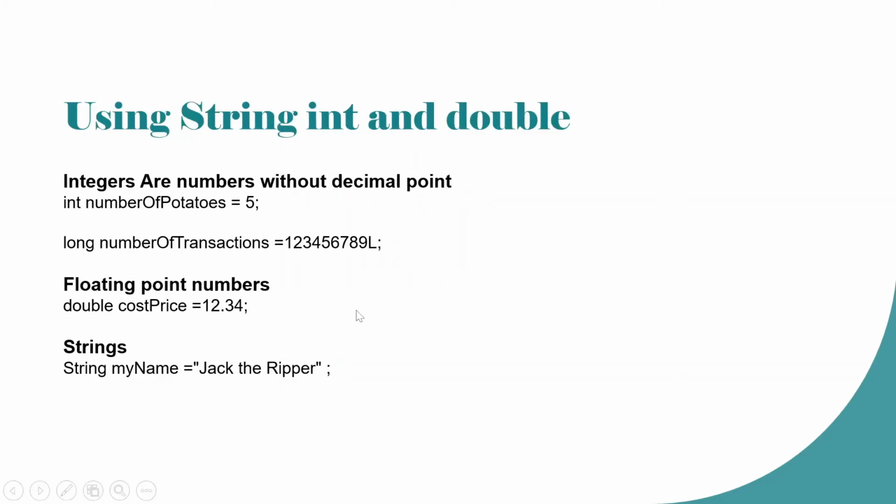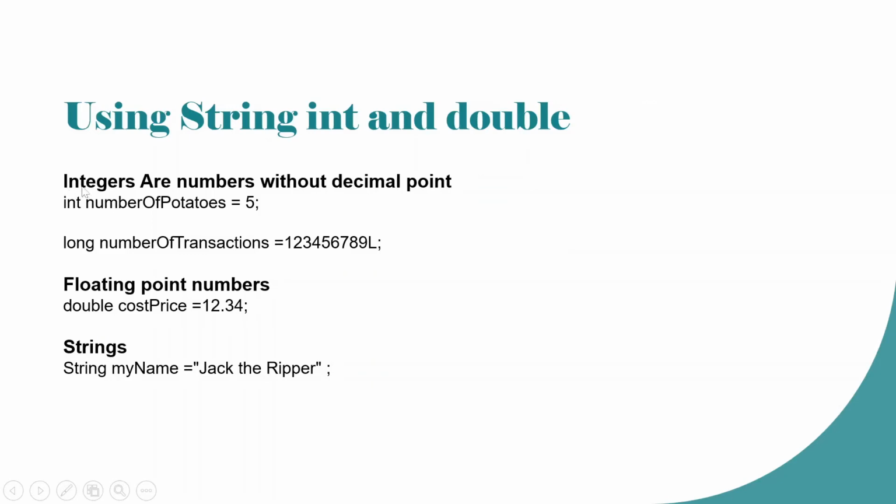At this point in time, we're just starting to look at the language, and there are many types in Java. However, to enable you to write code, what we have on this page is what you will use 99% of the time. There are two types of numeric variables.